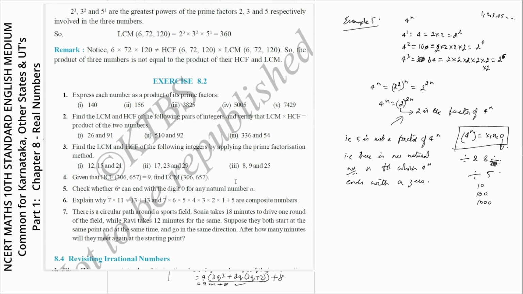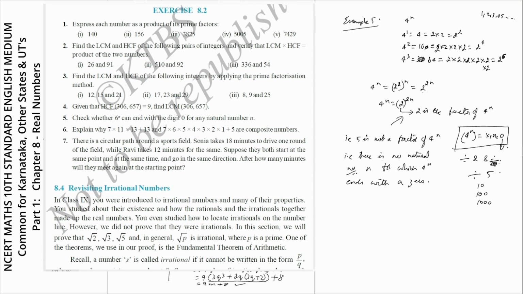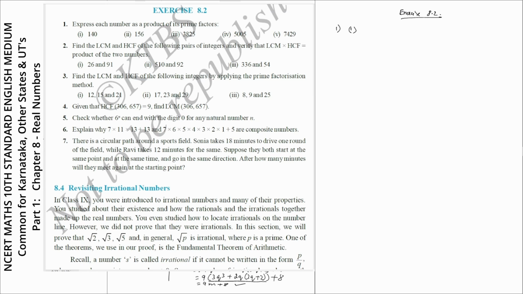Now exercise 8.2. Question number 1: express each number as a product of its prime factors. The first sub question is 140. So what is a prime number? Prime numbers are numbers which are divisible by 1 and itself only, and the rest are composite numbers.